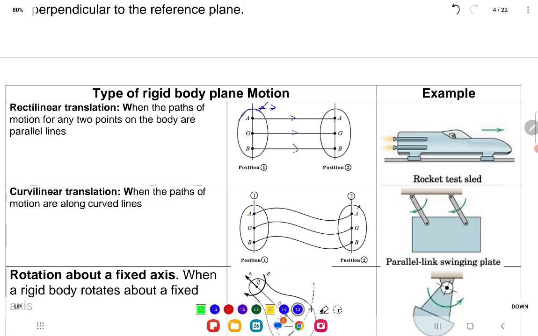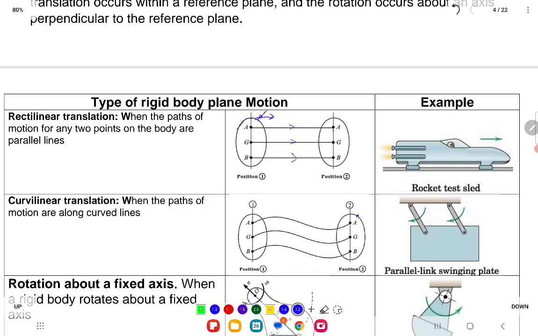So that's the curvilinear translation. Both describe translation: one is rectilinear and the second is curvilinear.